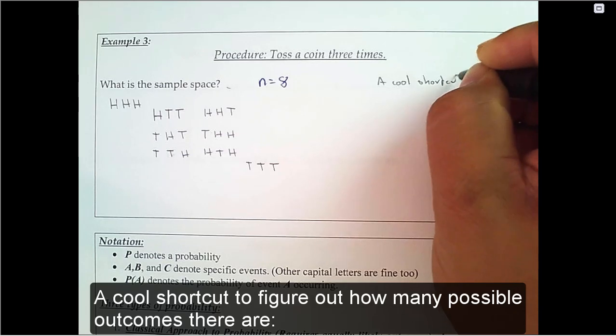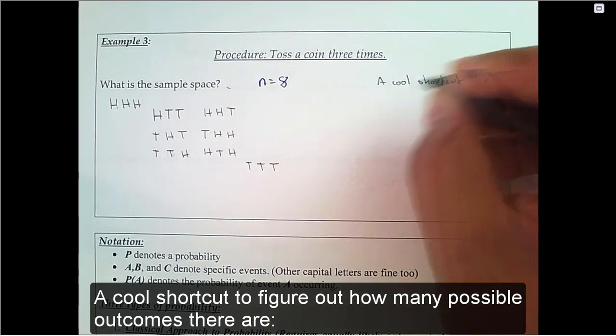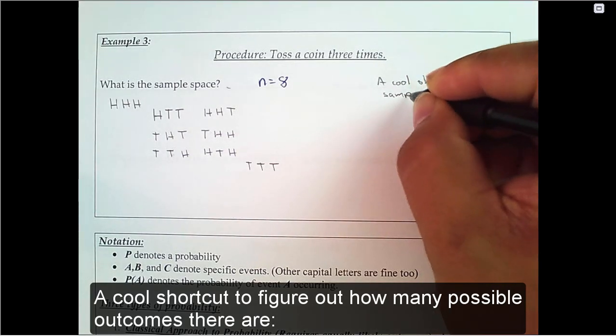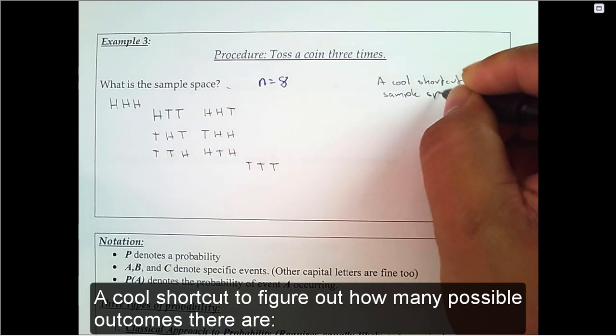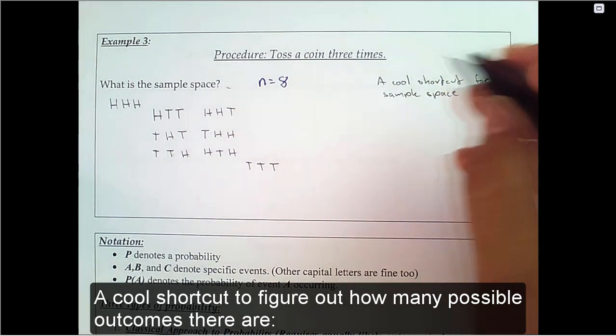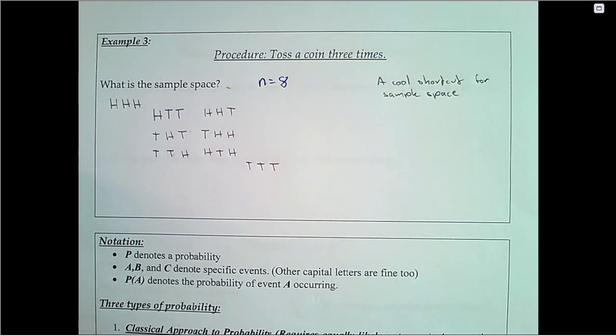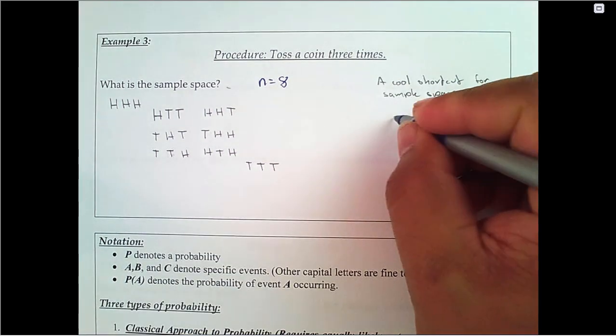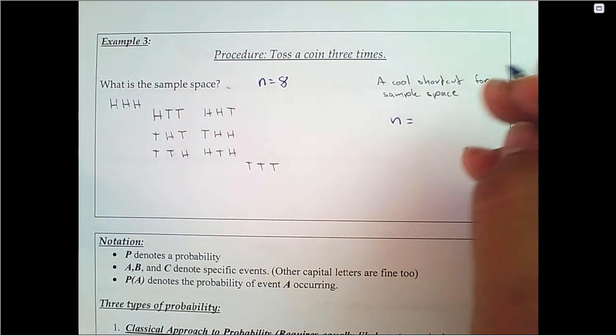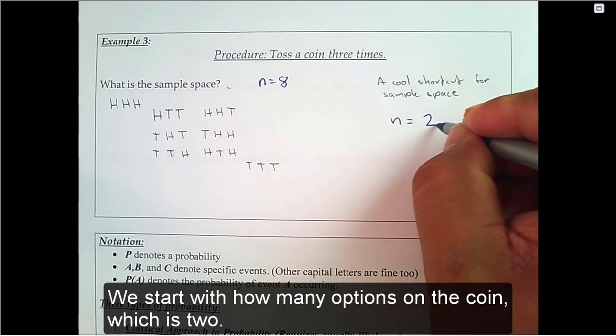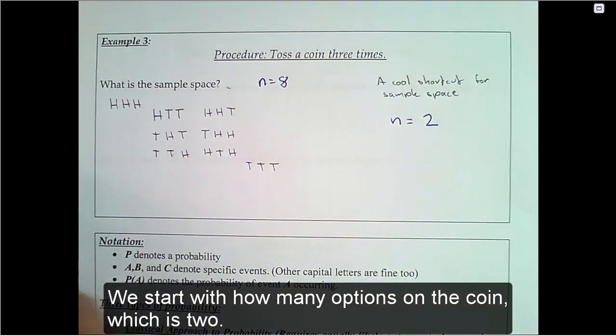A cool shortcut to figure out how many possible outcomes there are. We start with how many options on the coin, which is 2.